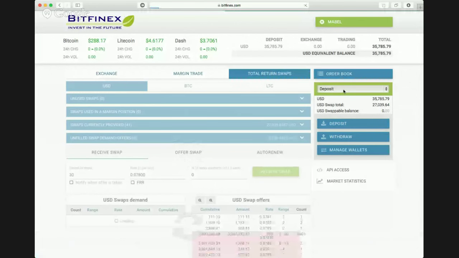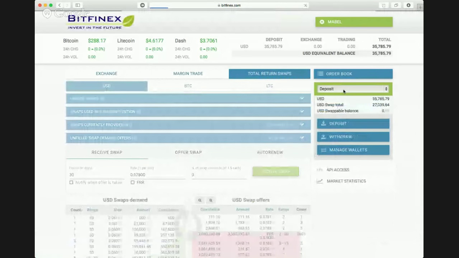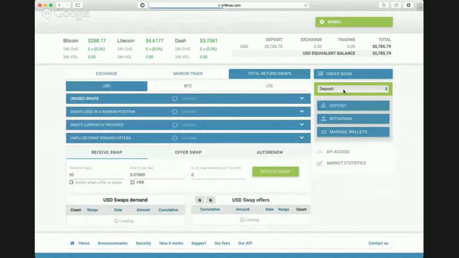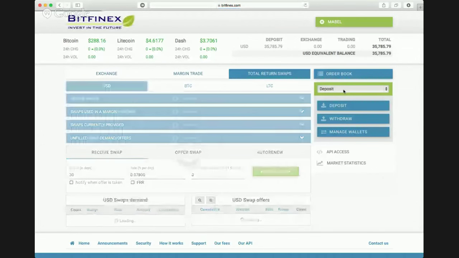On this account, for example, there is $35,000 invested, but what is used for a swap is not the total amount. It's going to be a little bit less than that.